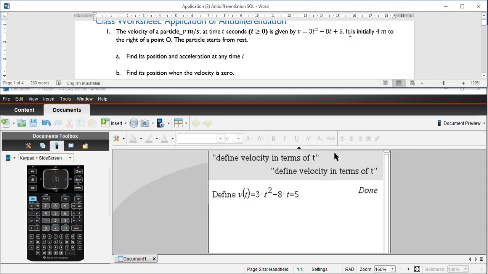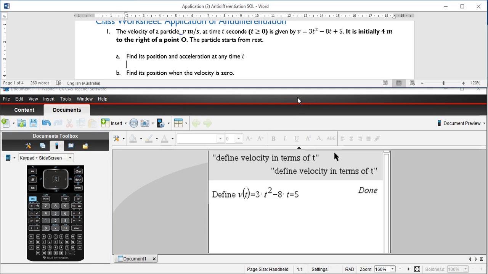It is initially 4 meter to the right of a point not 0. So this is the information regarding the position of the particle at the starting point. So when time is 0, the position is 4 to the right. Another thing that it's probably going to be quite useful to do is to remember that.